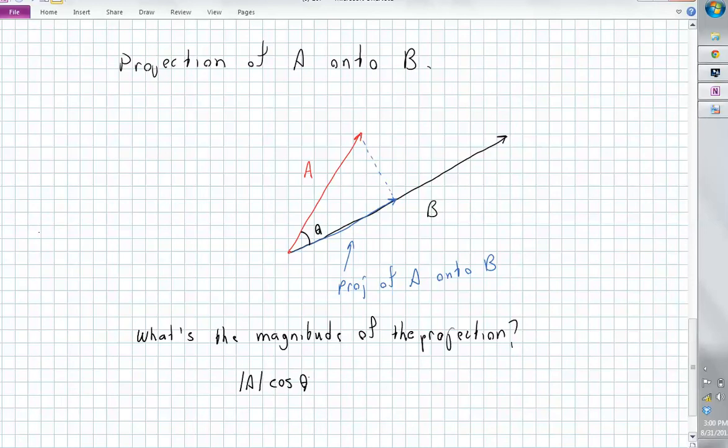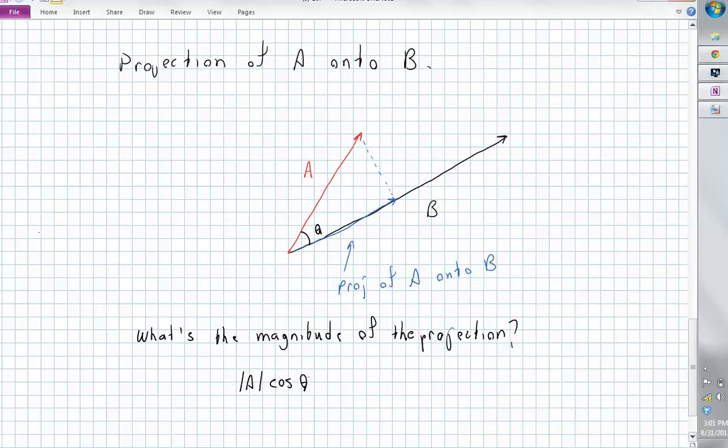Magnitude of A times cosine of theta? Yeah? Great, so we have the magnitude and we have the direction. Can you build me a vector? Can you build me the blue vector with this information? Where is A cosine theta?